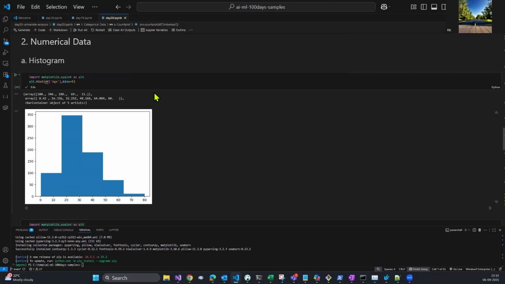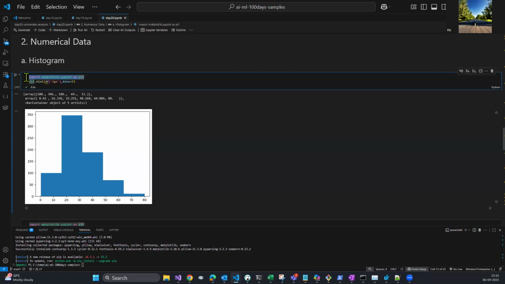For numerical columns, first we can draw the histogram. The histogram will show the distribution of data, so how well my overall data set is distributed.